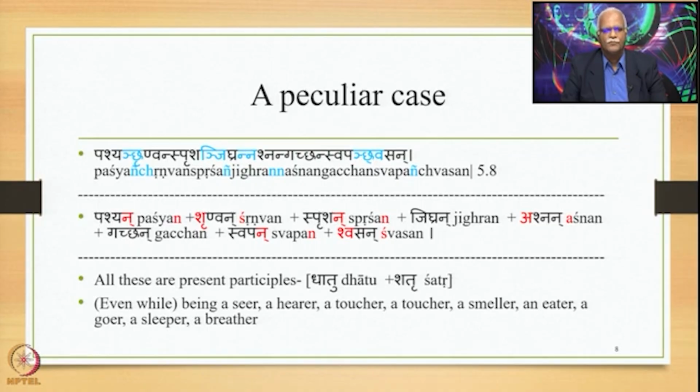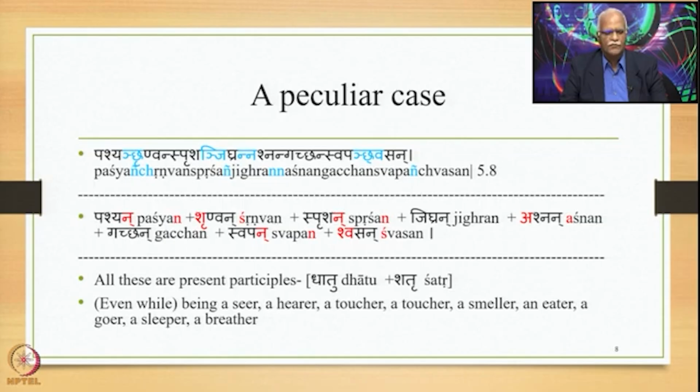So if this is to be split, we need to know the proper rules of sandhi, what would be the outputs and what would be the inputs. So here we have marked 4, this ya ch, this ya j, na and once again ya ch. These are the outputs and we know how these outputs are arrived at and what is the input.